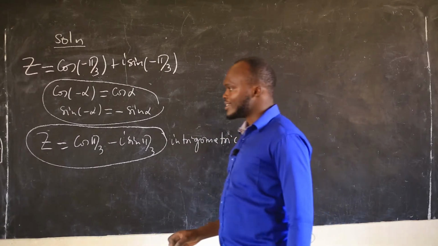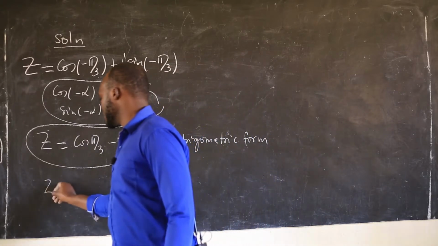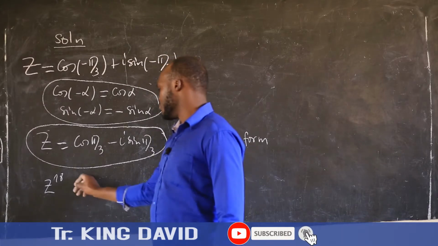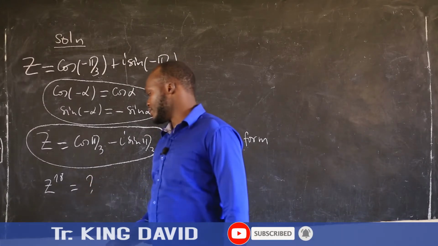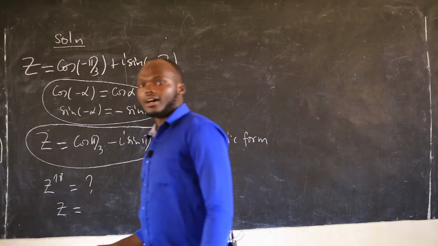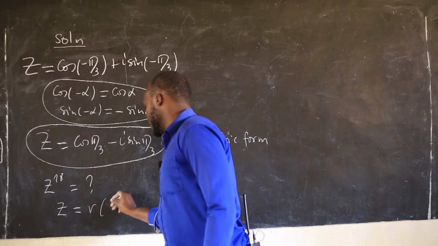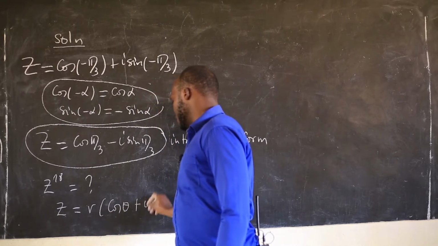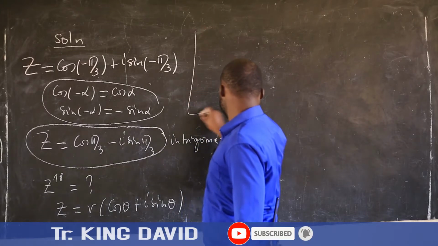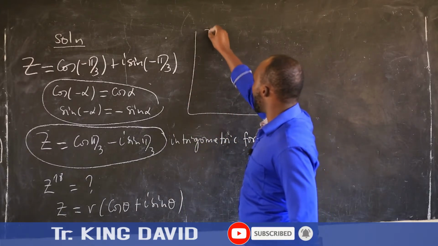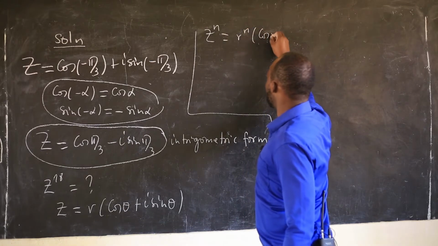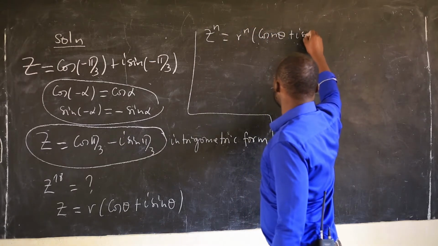So now, what is Z power 18 in algebraic form? Remember, when you have Z equal to R into bracket cos angle plus i sine angle, then Z power n becomes R power n into bracket cos n angle plus i sine n angle.